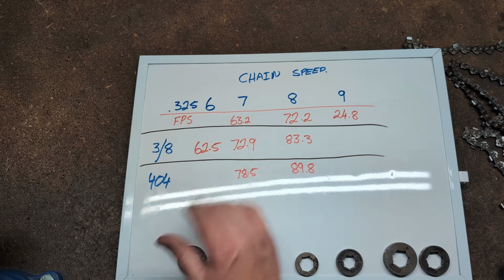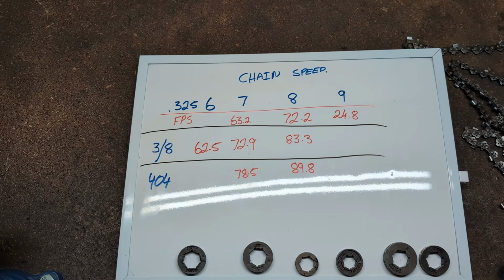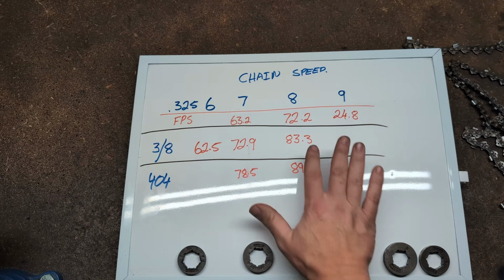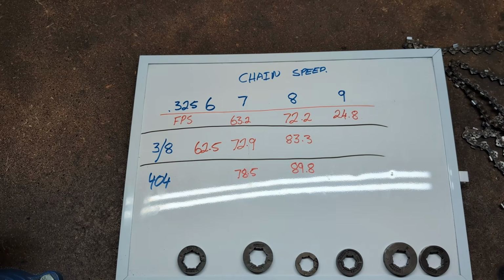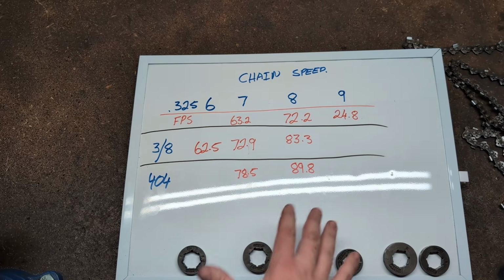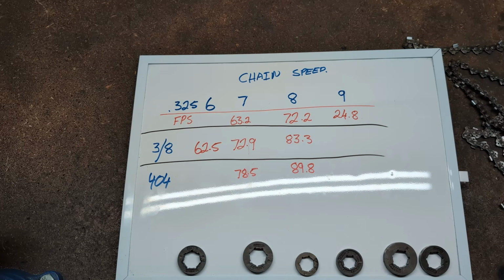You can see we're playing with roughly the same chain speed. If you're using a saw and you like that higher chain speed, you might be someone running a 3/8 8.2 sprocket. Changing to a 404 7 isn't really a change for you in the gearing, just due to the way it is. But you can manipulate all of this stuff around.